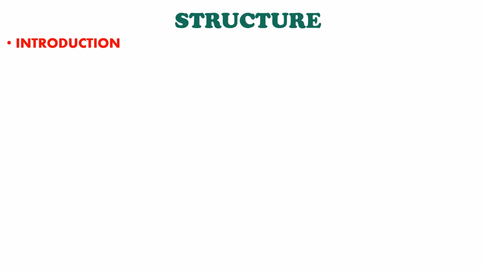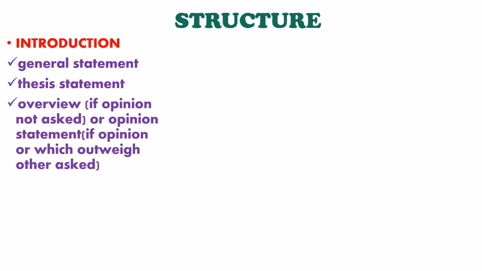As you all know, our essays should have at least 4 paragraphs, that is introduction, two body paragraphs and conclusion. So what can you include in your introduction paragraph of this type of essay? First, you need to include a general statement, then your thesis statement, that is the paraphrased version of your question prompt, and next is the overview or opinion statement.